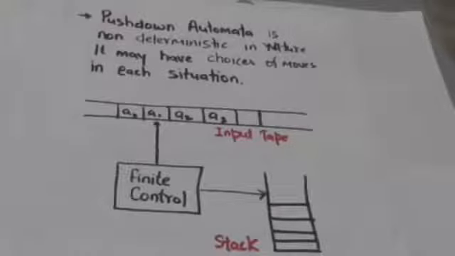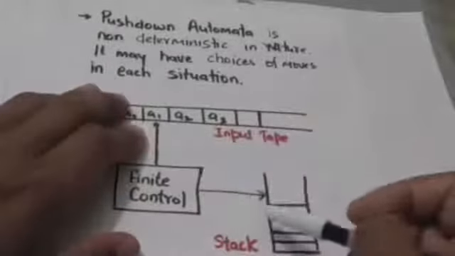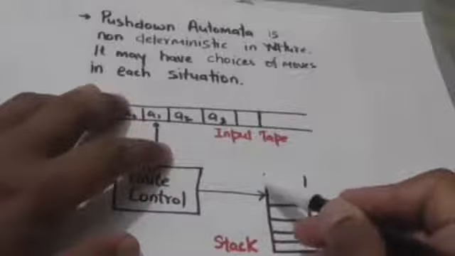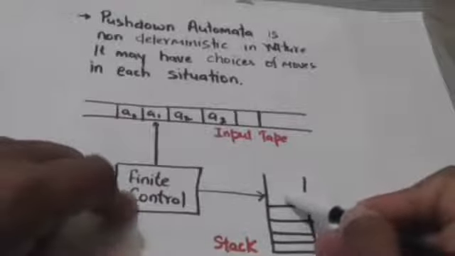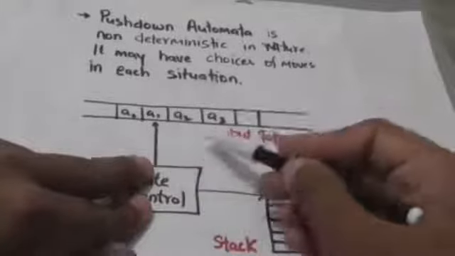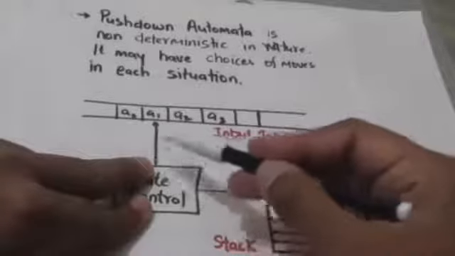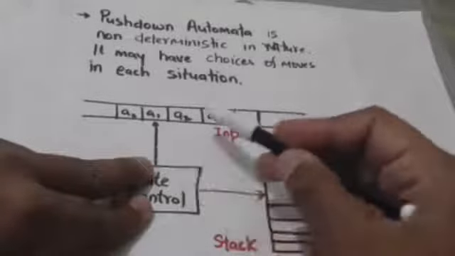The second type of move is called empty moves. In that type of move, pushdown automata doesn't read an input symbol from the input tape. It just reads the top element of the stack, right, and manipulates the stack, changes its state, and this head will point to the top of the stack, and this head doesn't move to the right because it has not read any input symbol from the input tape.